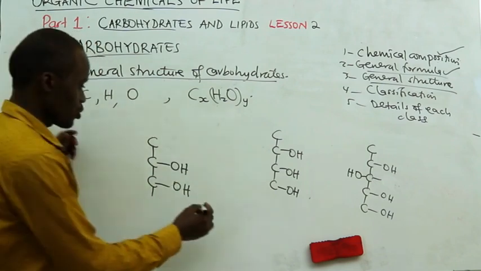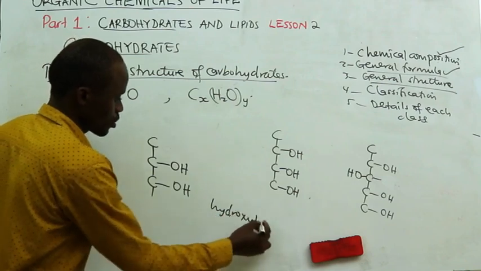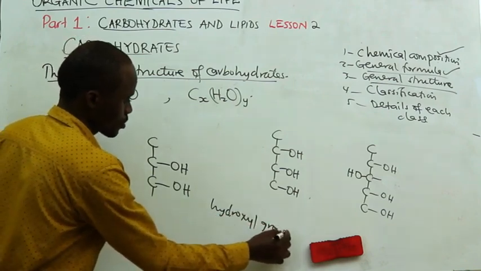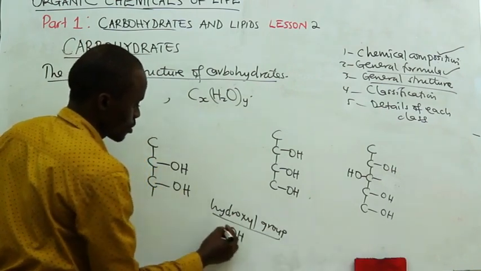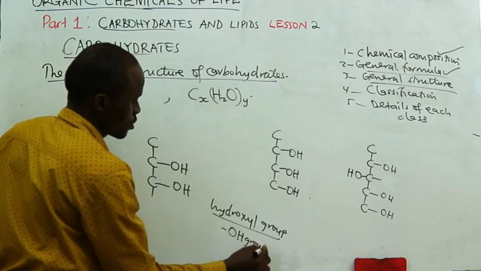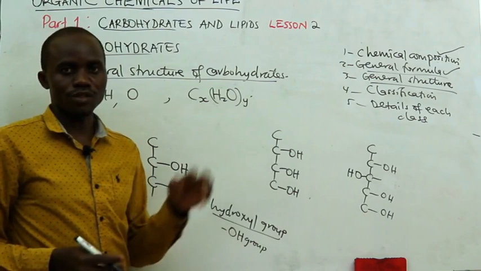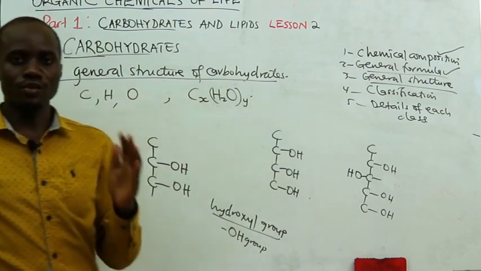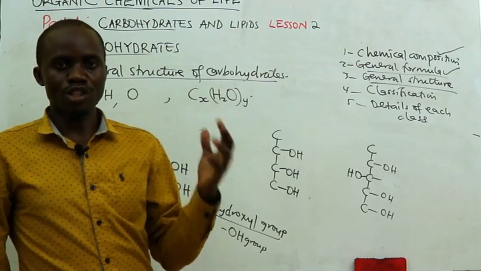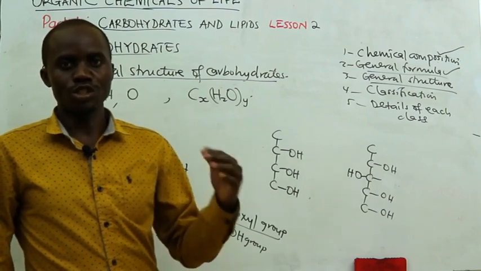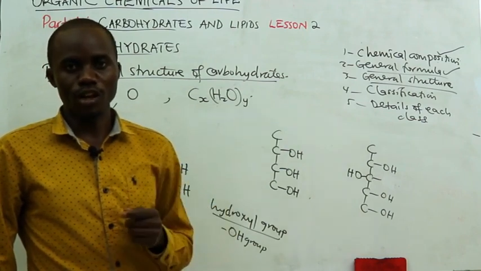This OH group is what we call the hydroxyl group, except on only one. So the first thing we are noting is that every carbohydrate has an OH group attached to each of its carbon atoms except only one carbon atom.